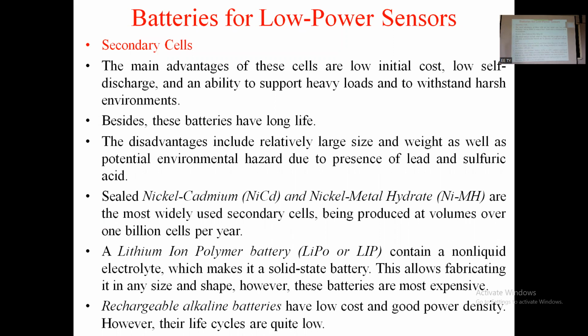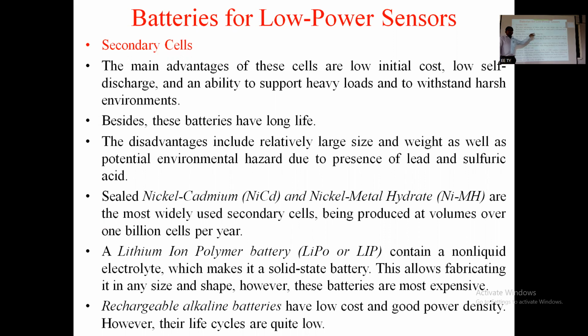Besides this, the battery has a long life. Again, the disadvantages of this battery are its relatively large size and weight, as well as potential environmental hazard due to the presence of lead and sulfuric acid.